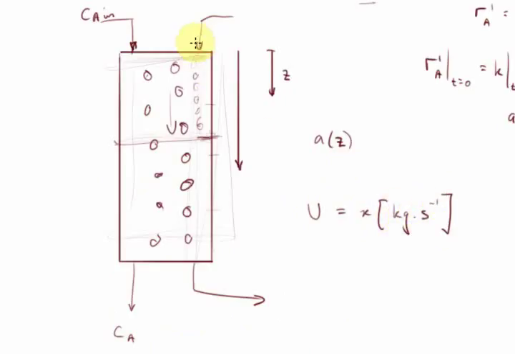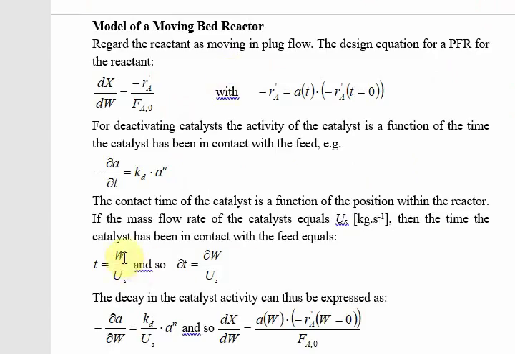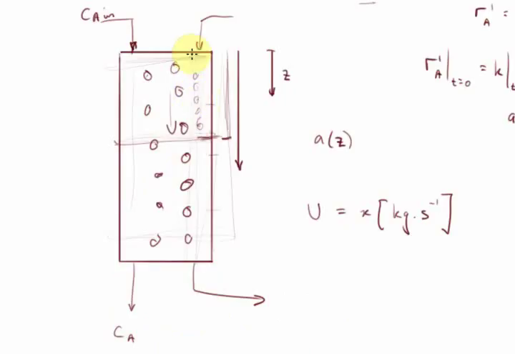So we are feeding particles in at U kilograms per second, and up to some point here, there's W mass of catalyst. So we can say that the time taken to reach that position is that mass of catalyst divided by that mass flow rate of catalyst. So mass divided by mass flow rate is going to give us time. So that's going to give us the time spent reaching W of catalyst mass.